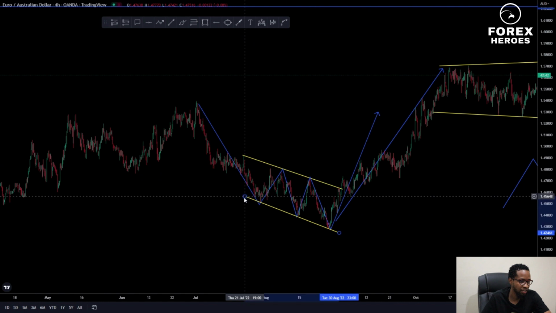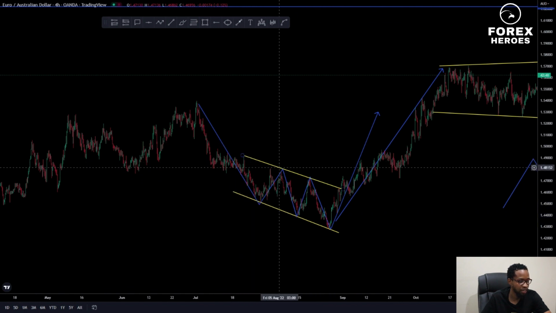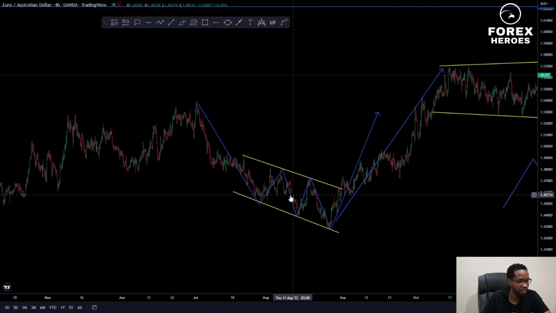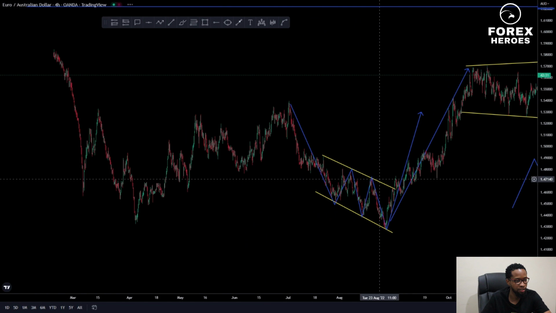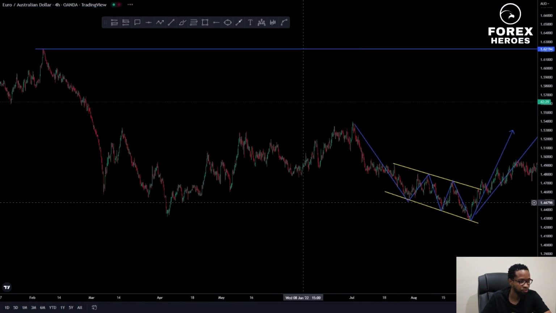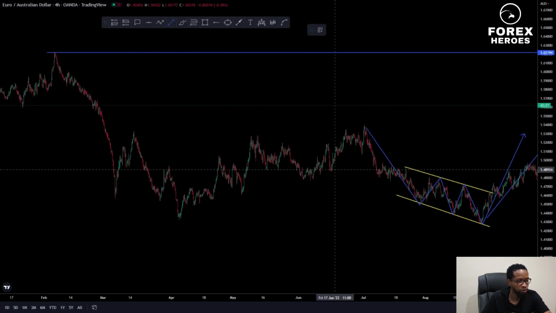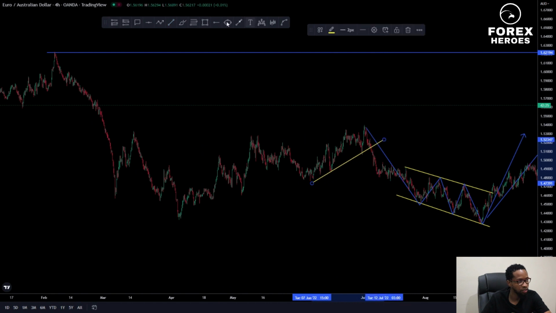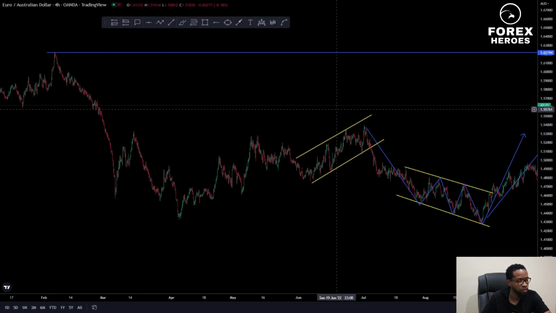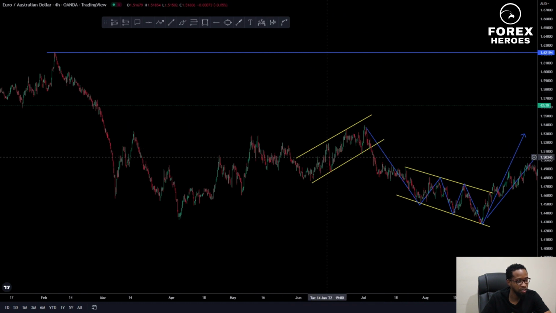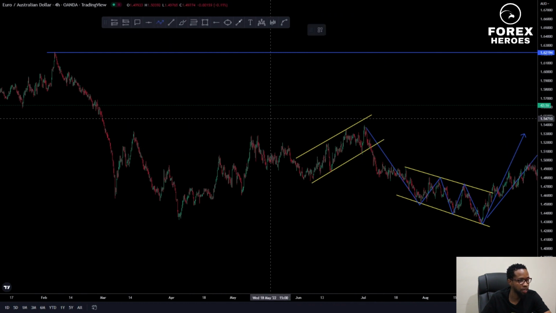So you can see it is what, it's a channel, or you can say a bearish flag indicating a reversal, then it pushed to the upside. Another one will be this one. This, you can see it's a reverse, we're pushing to the upside.